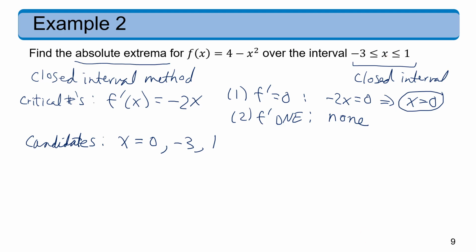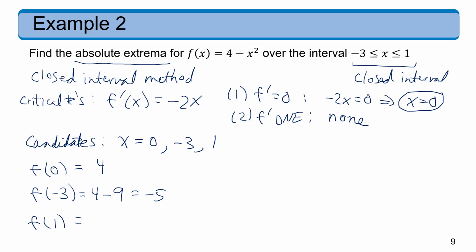And then all we do is we evaluate the original function at all of our candidates. And then we'll compare the results. So f of 0, go back to your formula here, will just be 4. F of negative 3 will be 4 minus, negative 3 squared is positive 9, so it's 4 minus 9, which is negative 5.